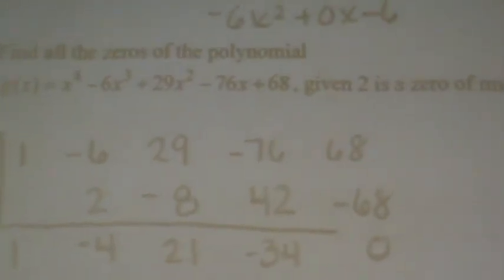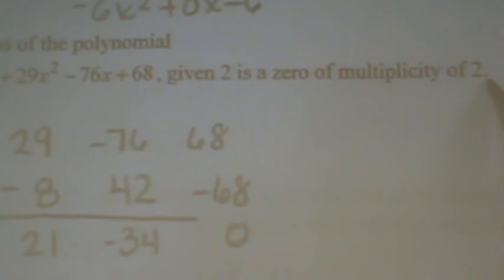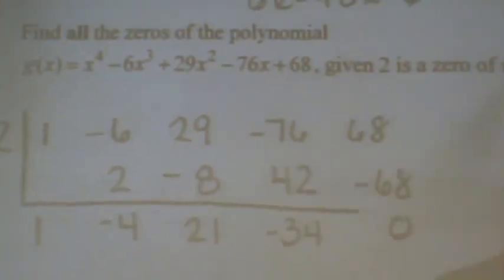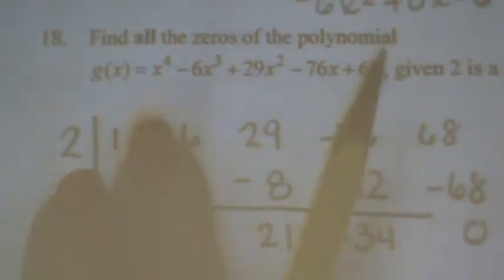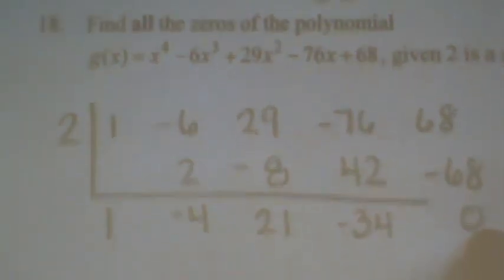And for 18, I'm going to go quick on it. They tell you 2 is a 0. And if 2 is a 0 twice, they said multiplicity 2, what you do is you can use synthetic division and divide it out. You're going to get a 0 first time, and you do it again, because it says it happens twice.